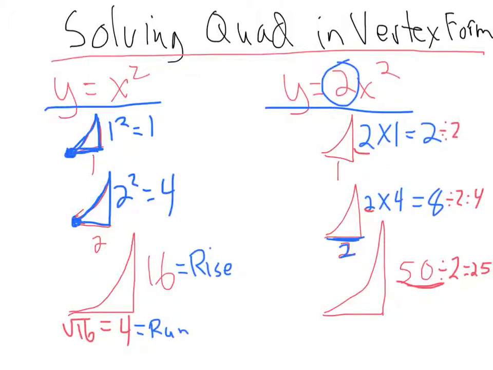Here I'd need to divide by 2 to get 1. Okay, so then I've got 25, and then down here it will be the square root of 25 equals 5. So that's the way you do it when a is not equal to 1. So it's just getting that slope relationship between rise and run for a parabola moving away from the vertex.